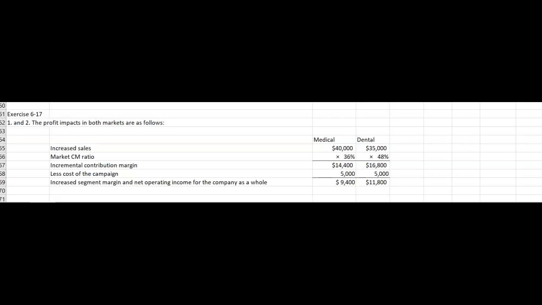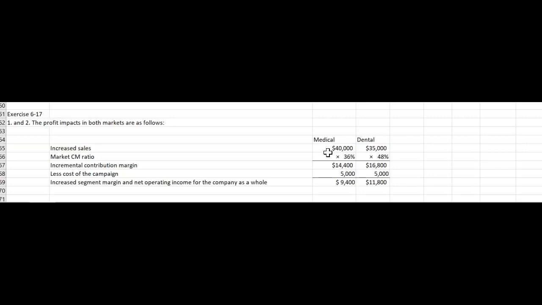How much would the profits increase or decrease if it implemented the advertising campaign in the medical market? Well, in the medical market, in the Minneapolis office, if they increase that market by advertising at an additional cost of $5,000, it is believed they will increase sales by $40,000. What is the contribution margin for the medical department in Minneapolis? That's 36%.